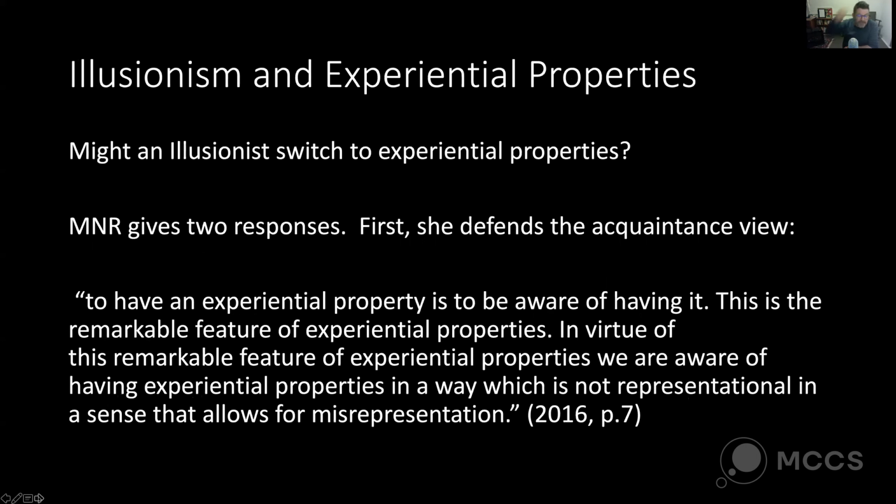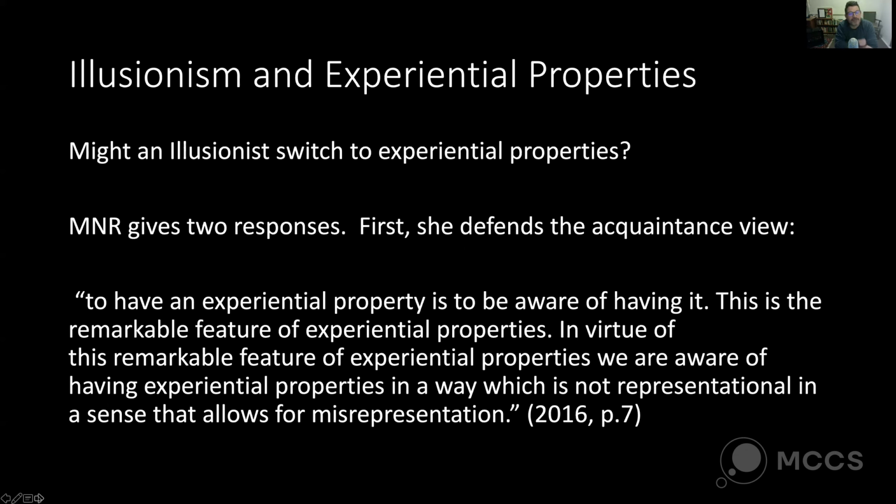Now, there's an obvious move to be made here. And in fact, in Frankish's reply to Nida-Rümelin, he does make a version of this. And the obvious reply is to try to switch to experiential properties. So she doesn't think that there's anything wrong with experiential properties. We do, in fact, instantiate them.